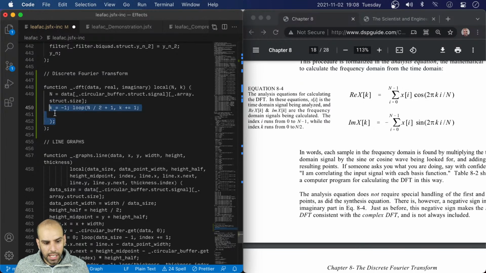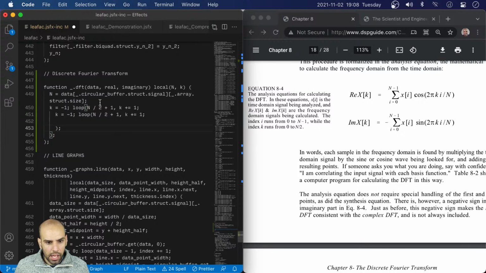And then I'm going to do exactly the same for I. So I need another variable called I, and this one is going to go from 0 to n-1. But again, it goes up to n-1 inclusive, starting at 0, so it runs for n times.